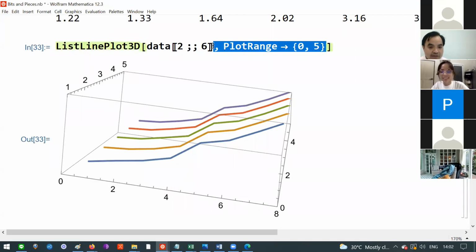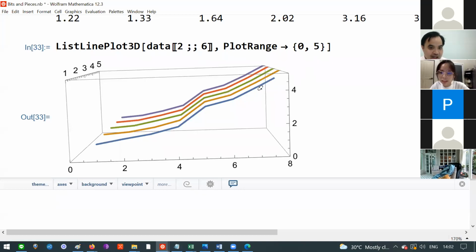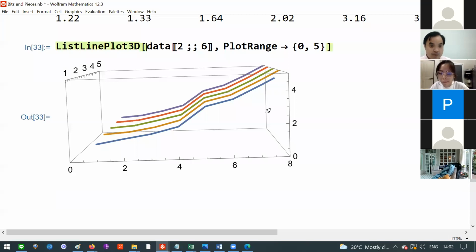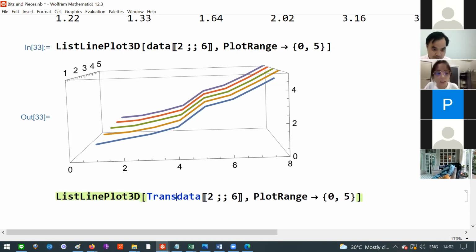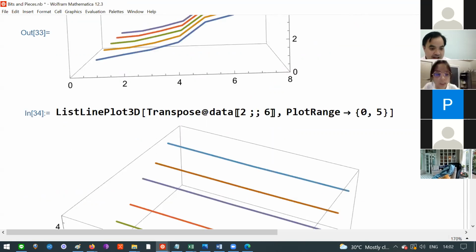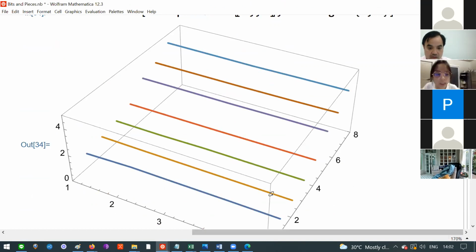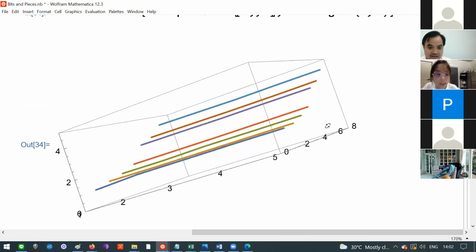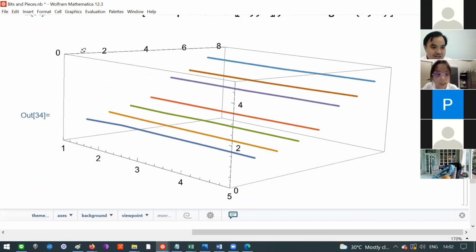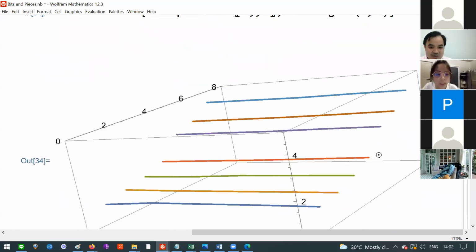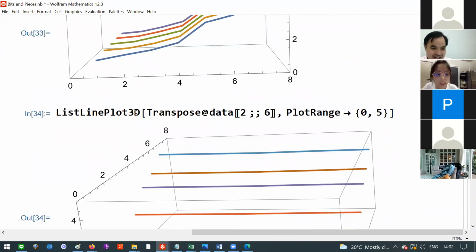Now, if I want to plot this, but instead of looking at the yield and then move in time, I want to transpose it. Let's not make it 2.